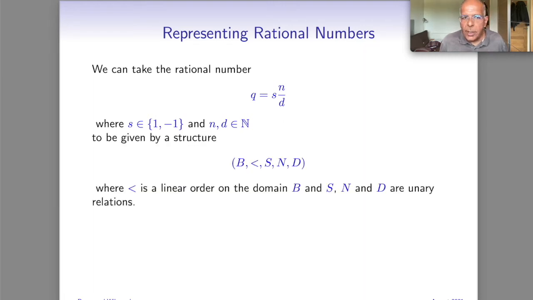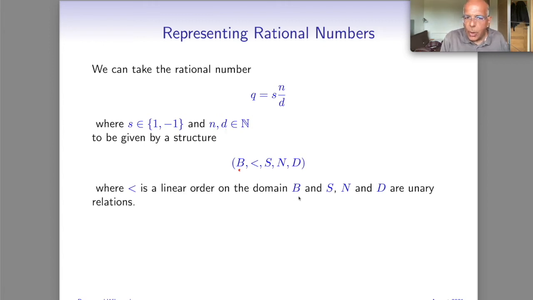So we consider this to be a relational structure with universe B, where B is a set whose size is the maximum number of bits needed to represent n and d.